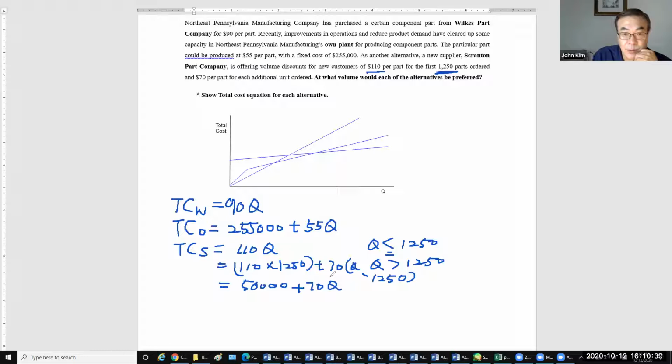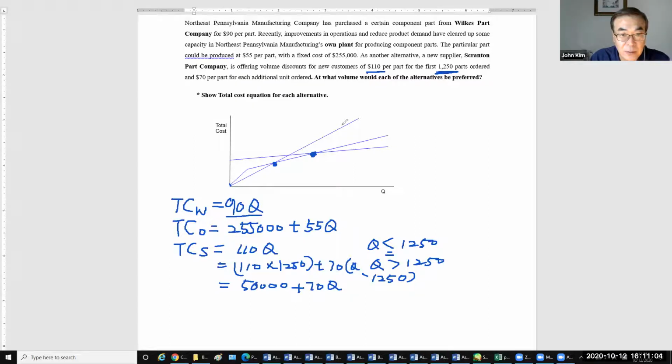And then from the graph, finding this point and then this point. So you should determine which line is for which option. This one without fixed cost, so from 0 increasing by 90.